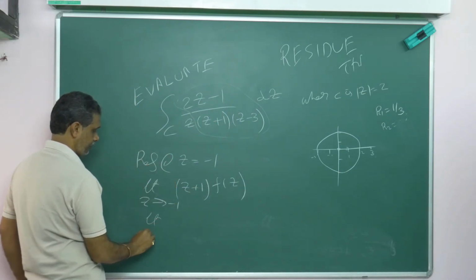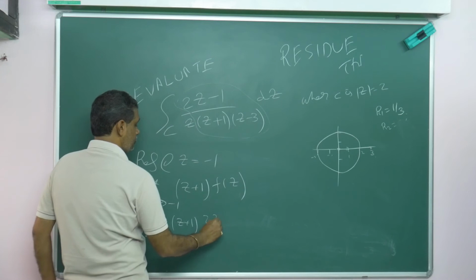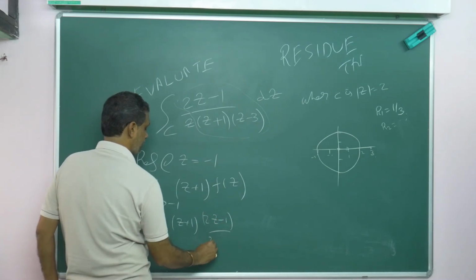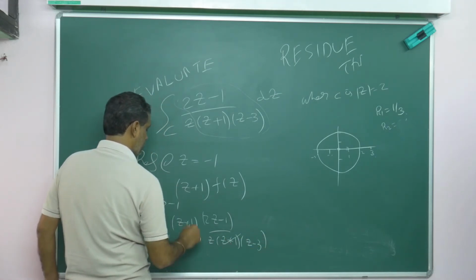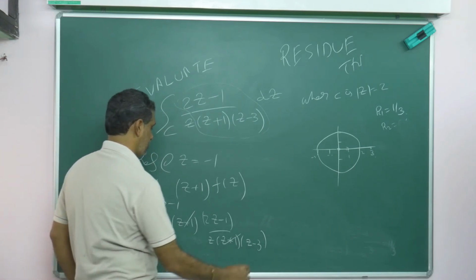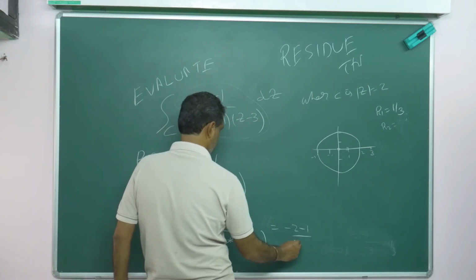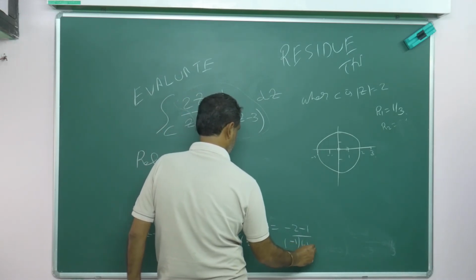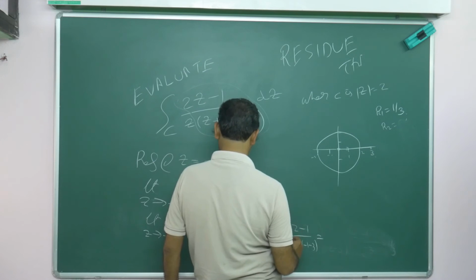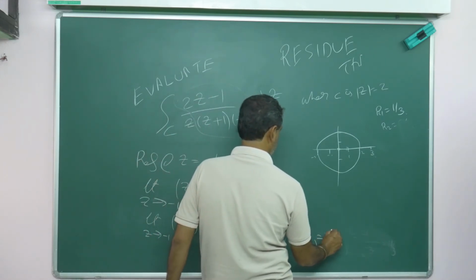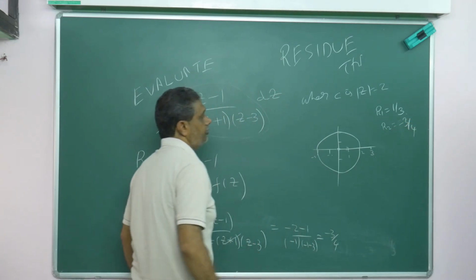So limit z tends to minus 1, (z plus 1) into (2z minus 1) by z into (z plus 1) into (z minus 3). Now this and this cancel. If you put z equal to minus 1, the numerator is minus 2 minus 1, and the denominator is minus 1 into minus 1 minus 3, minus into minus giving plus. So minus 3 by 4. So the residue is minus 3 by 4.